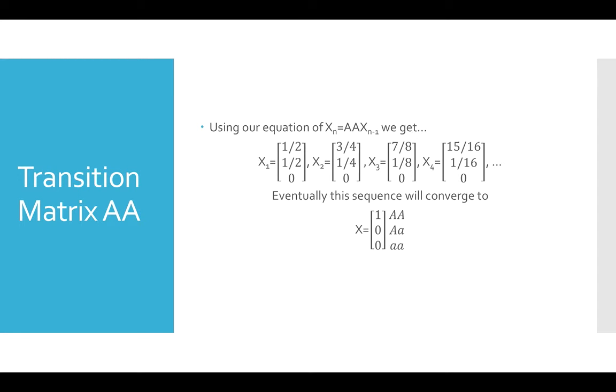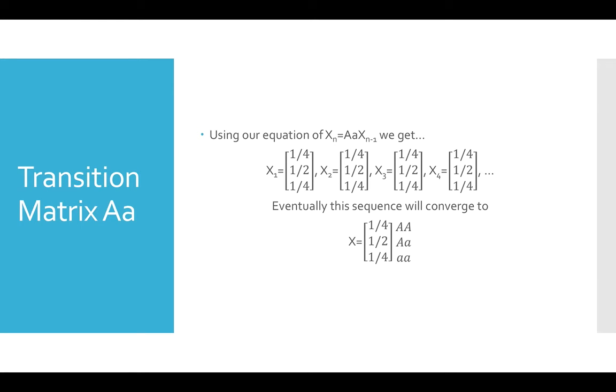Using the equation x_n = A x_(n-1), we get these vectors. As we continue with this equation, eventually the sequence will converge to x equal to 1, 0, 0. So basically, everyone will eventually have brown eyes with this equation.